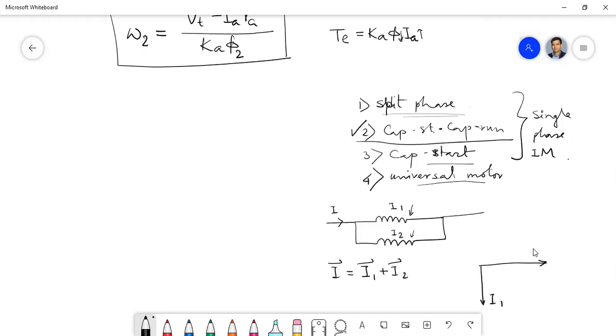So this will be I1 and this will be I2. We'll get a 90 degree lagging.